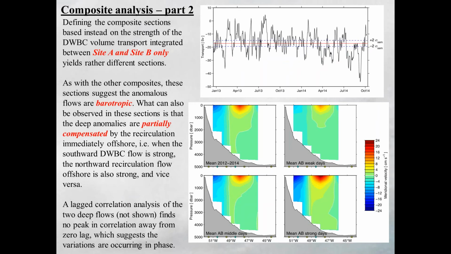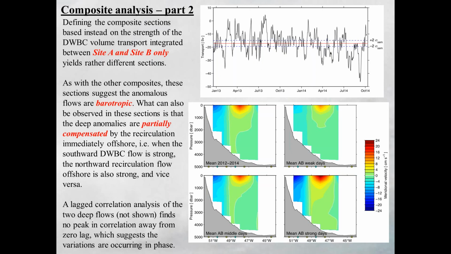So this is now the new time series of flow only between sites A and B, which are these two sites here. And if I sort weak days and strong days from those, what we see is, again, a stronger Brazil current, stronger deep western boundary current, but the difference that you see is here.